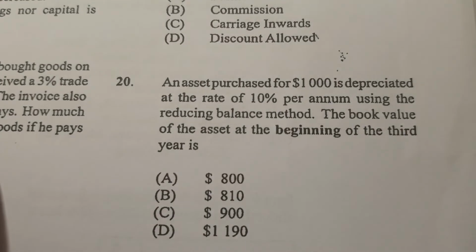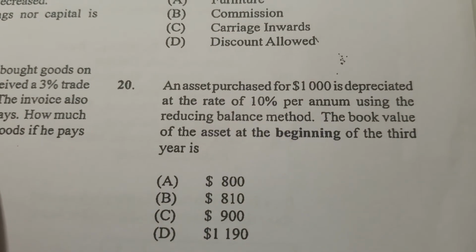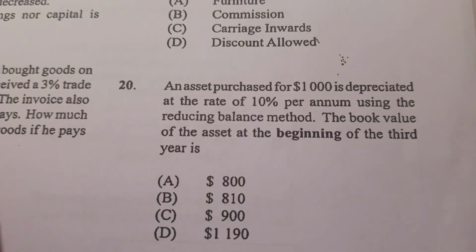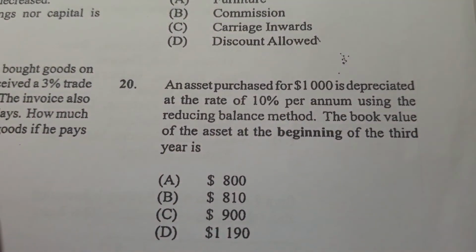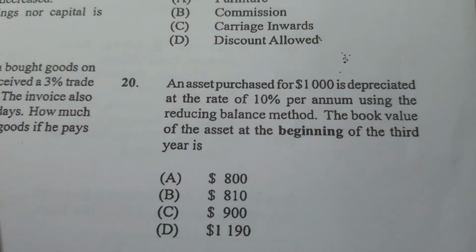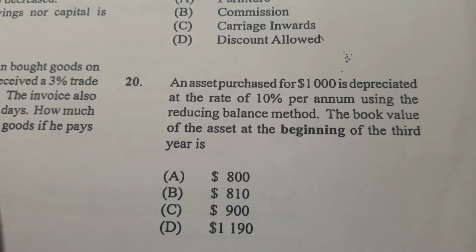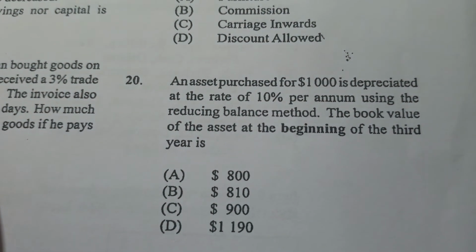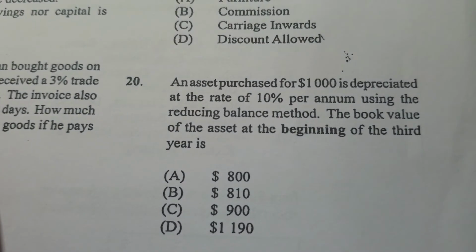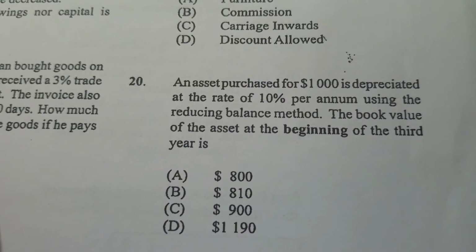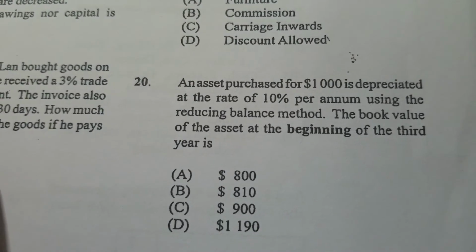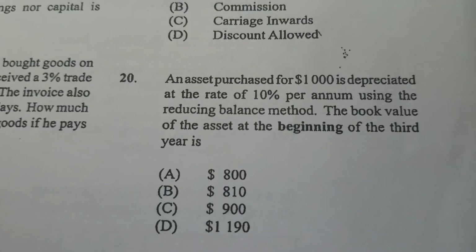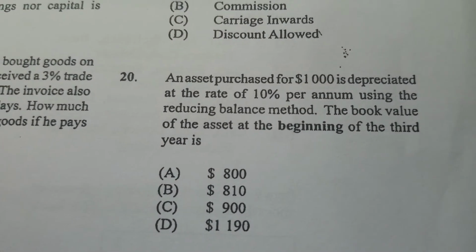We subtract that $100 from the 1,000, which is going to give us 900, and then we'll find 10% of the 900, which will be 90, and we take 90 from 900, we're going to get $810. So our book value at the third year would be B, $810.